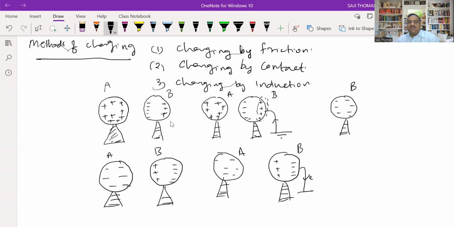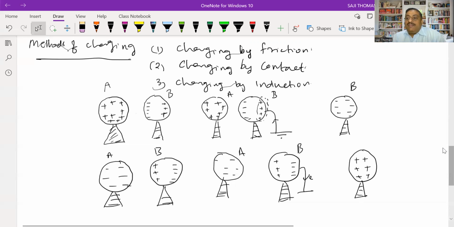Now unearth it, then remove A. Then the object B will be positively charged. This is charging by induction.